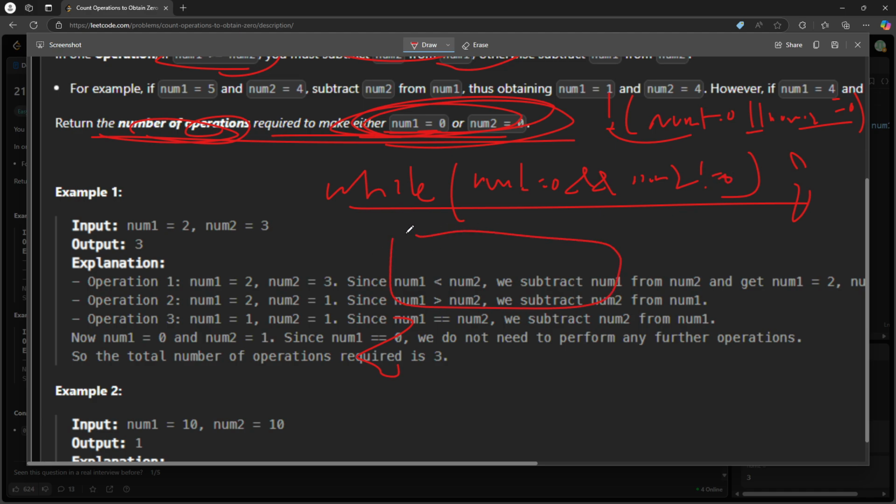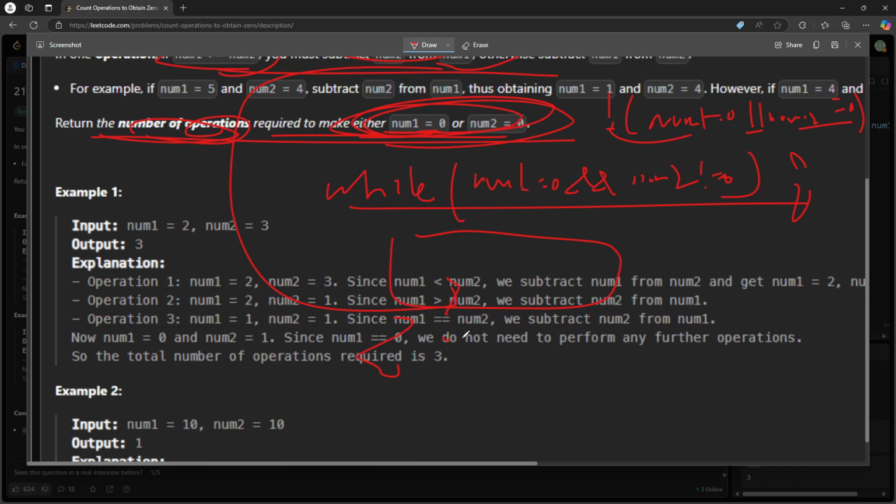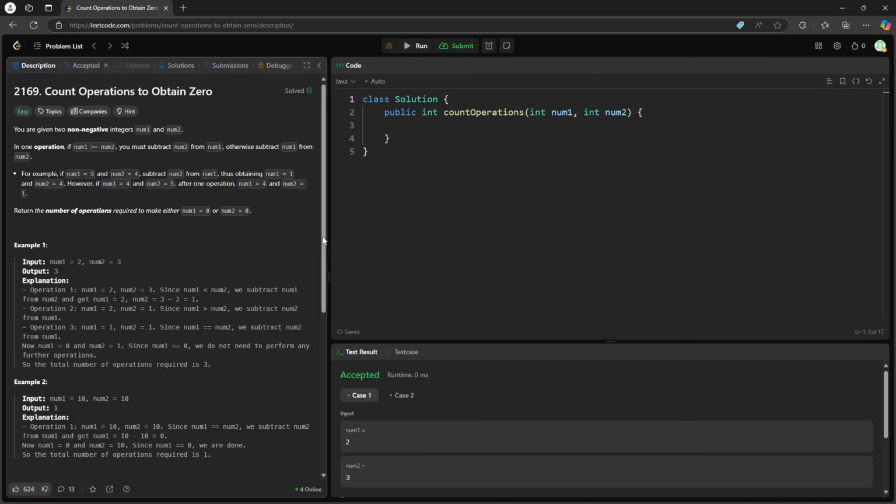And then you do the operation check right here, and then you increment the count, and then you return the count. So yeah, that's it. So int result equal to 0, return result.